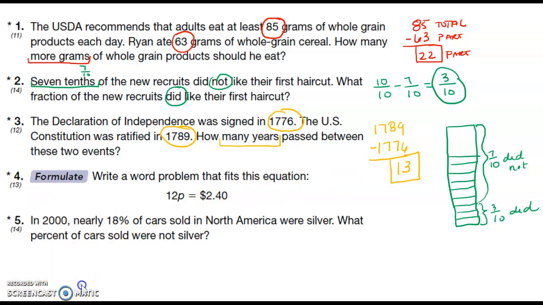All right, write a word problem that fits this equation. So 12 times something is $2.40. So let's say Mrs. OKK bought 12 cookies.